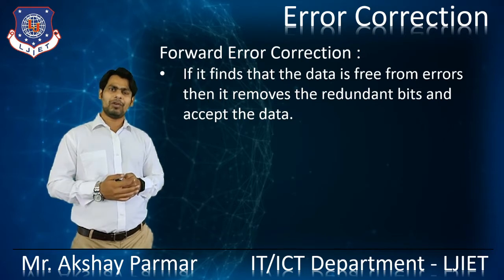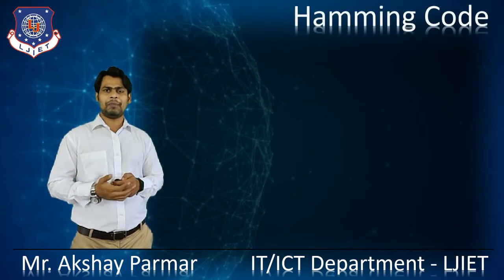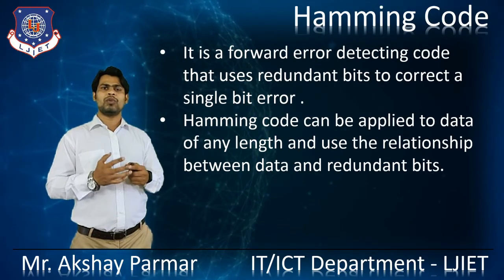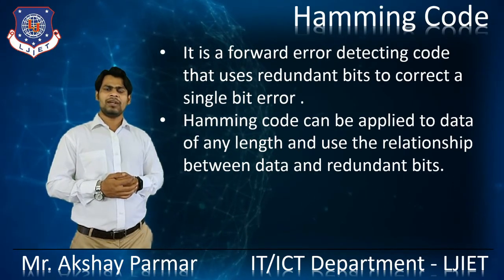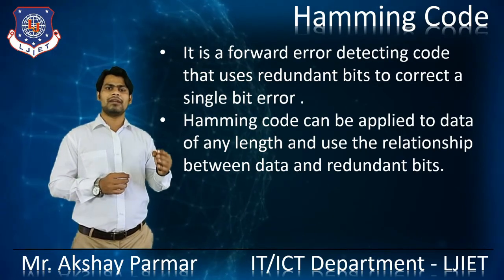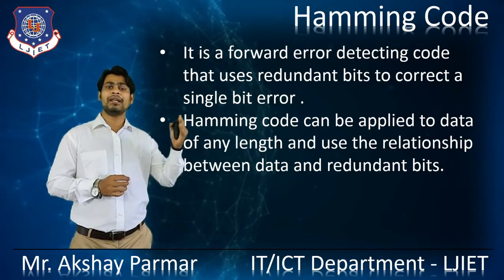Let's see the Hamming code first, which is a type of forward error correcting technique. What is Hamming code? It is a forward error correcting code that uses redundant bits to correct a single bit error.